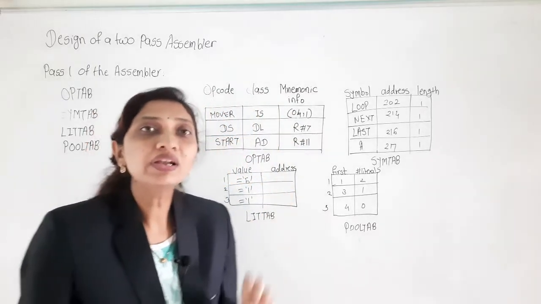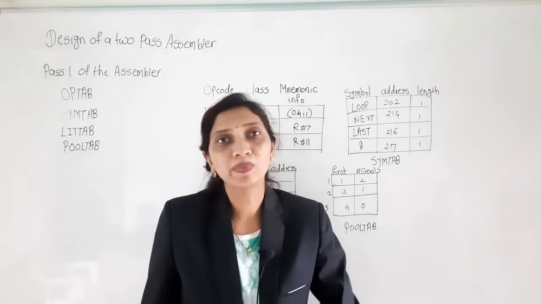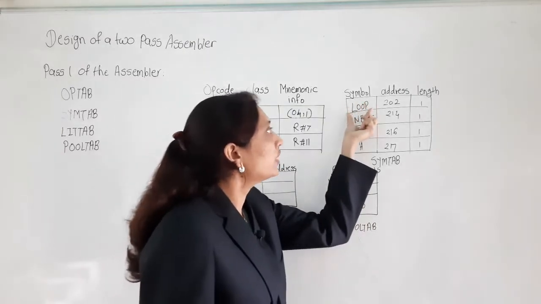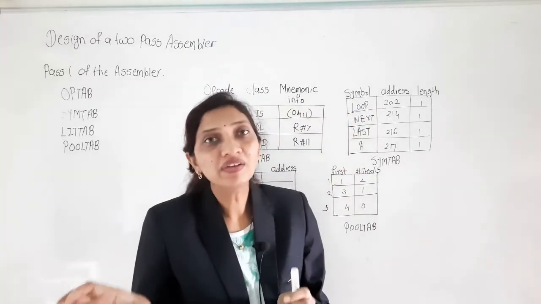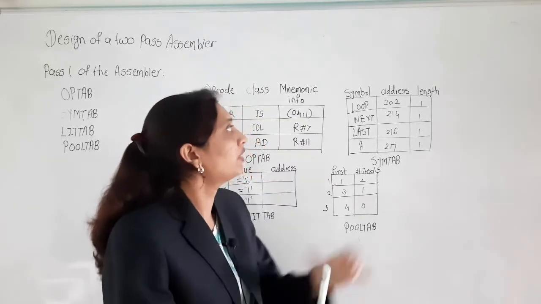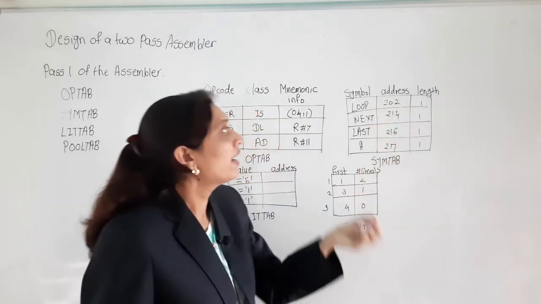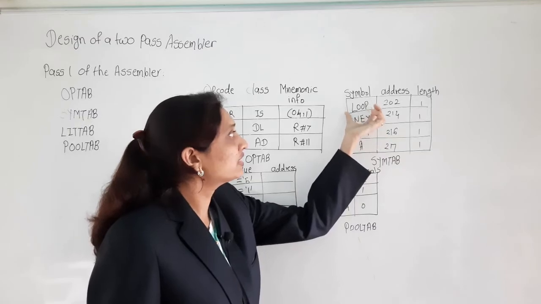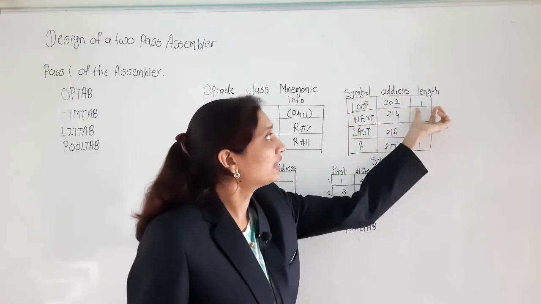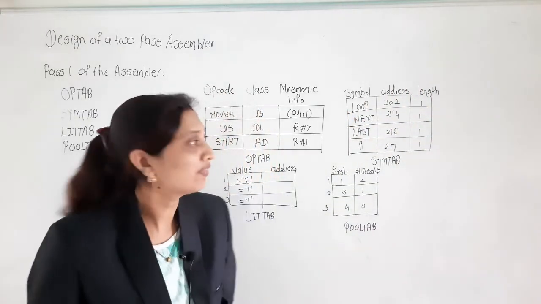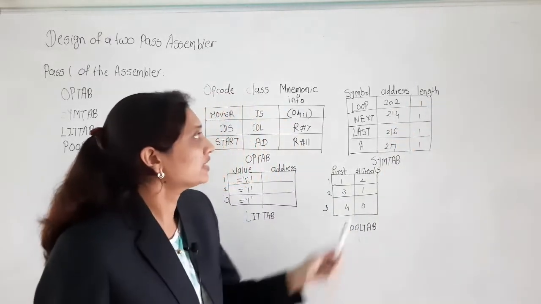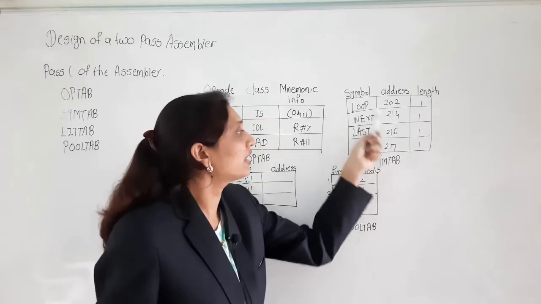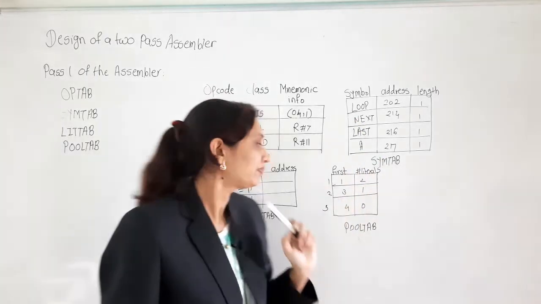If a particular symbol appears in your program, that symbol is stored in the symbol field, the location counter value is taken and stored in the address field, and the length required to store that symbol is given in the length field. In this way a symbol entry is done in the symbol table.